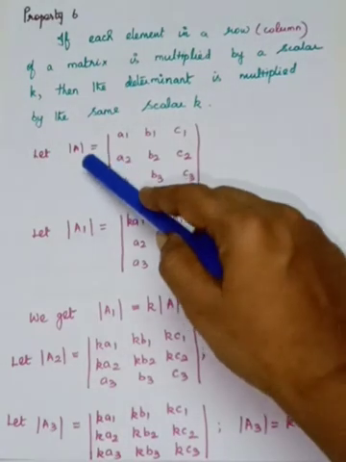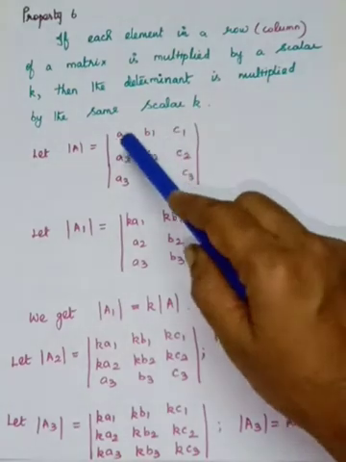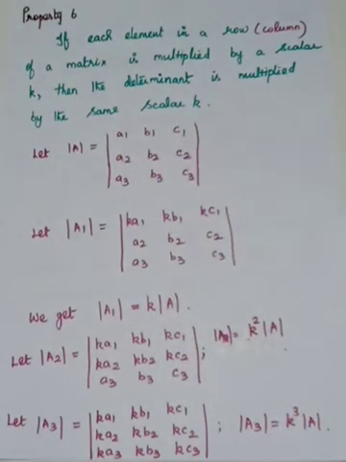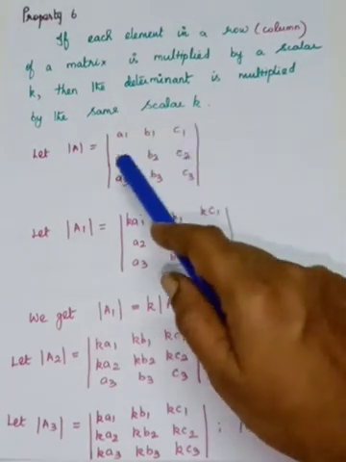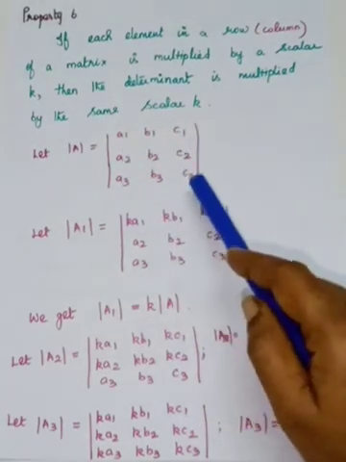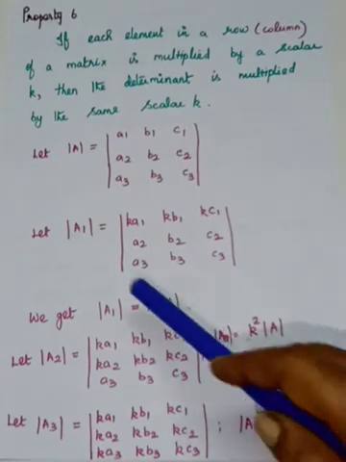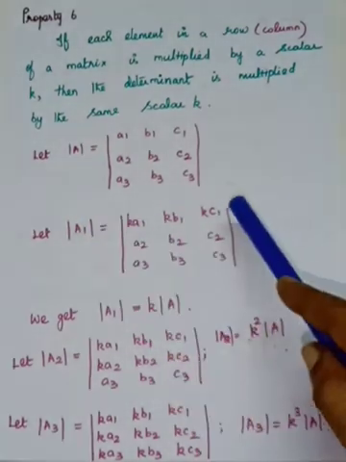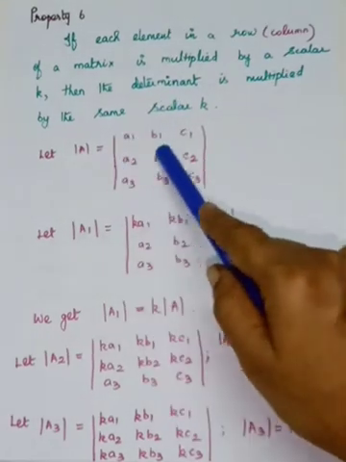You see that here I have taken the determinant A having the elements. Determinant means you have to write within the vertical lines: a1, b1, c1, a2, b2, c2, a3, b3, c3. Here I have taken another determinant A1. So look at this. In A1 what happened?